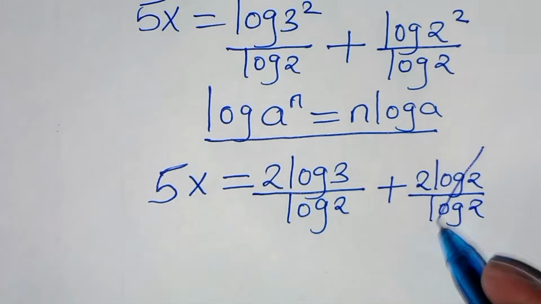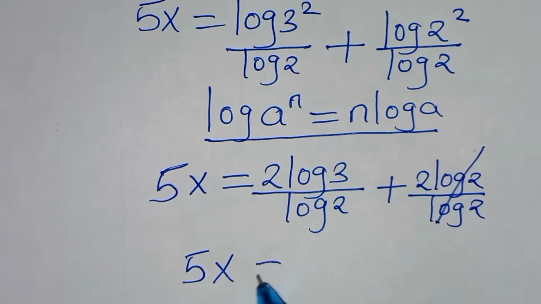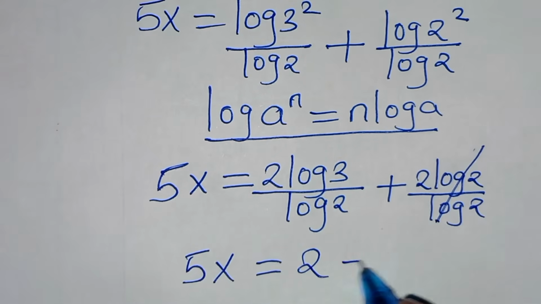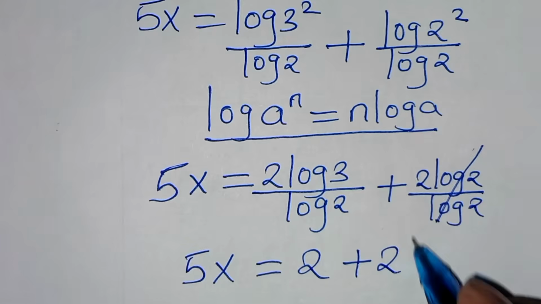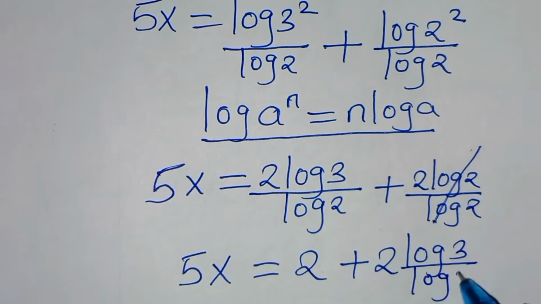So let's simplify here. Log 2 and log 2 simplify, so that 5x is equal to 2 plus 2 log 3 divided by log 2.